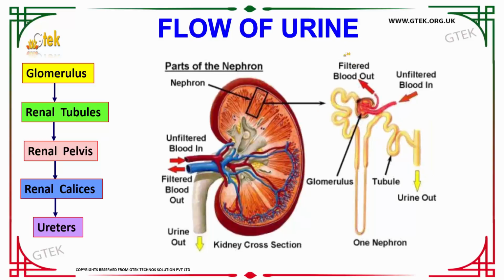First, we have the filtering process in which unfiltered blood enters the glomerulus of your nephron, and your glomerulus filters the blood and absorbs the necessary minerals from it.